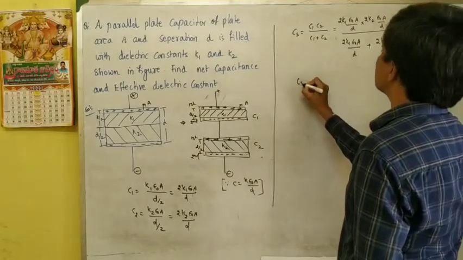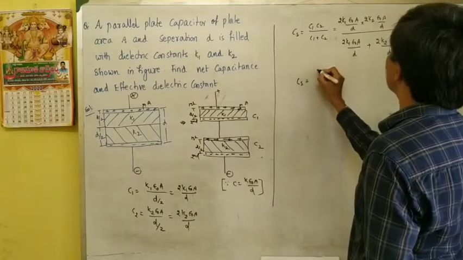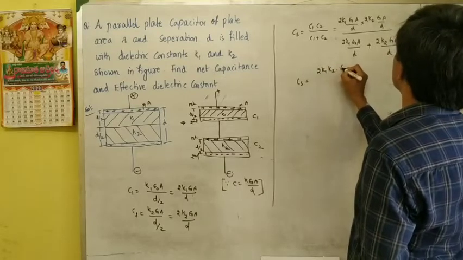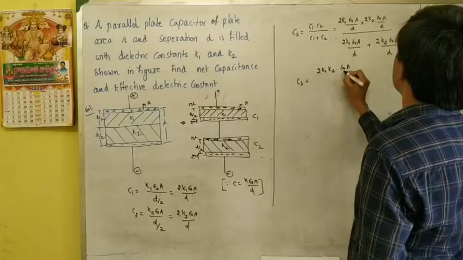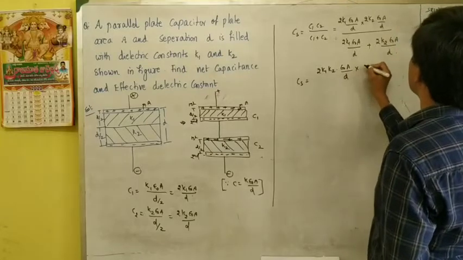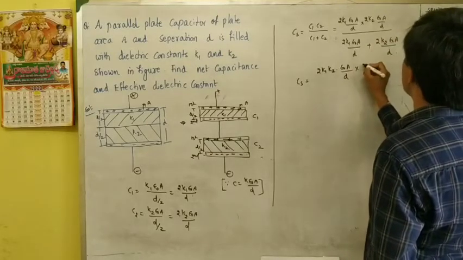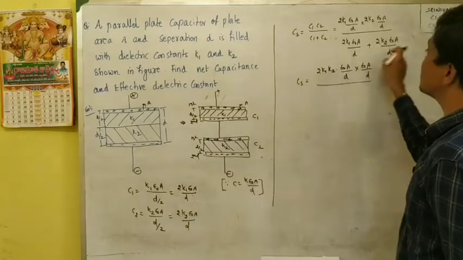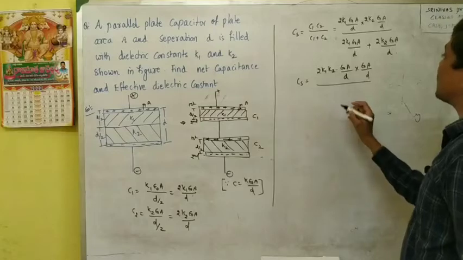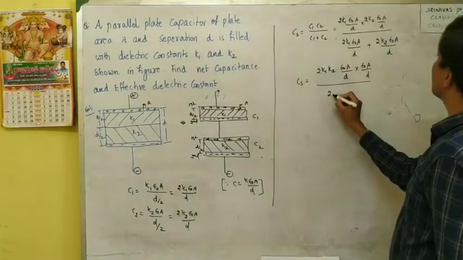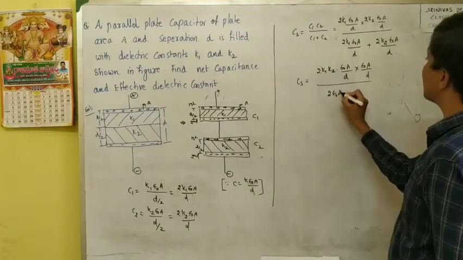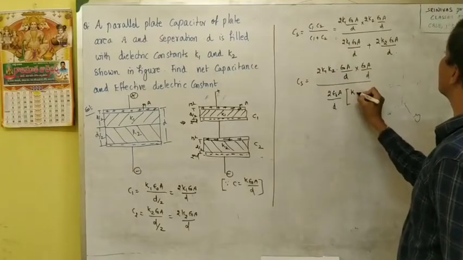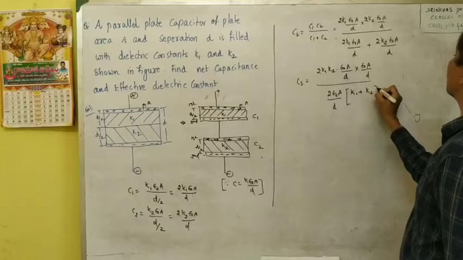And now Cs is equal to, here we have to simplify. For that, 2K1 K2 into epsilon naught A by D into epsilon naught A by D, divided by, here epsilon naught A by D we can take common, 2 epsilon naught A by D. Then we will get K1 plus K2, right?